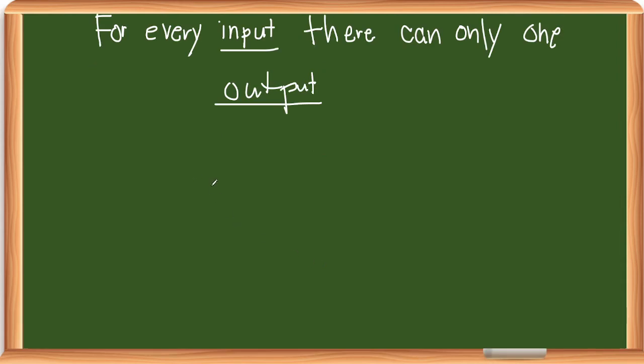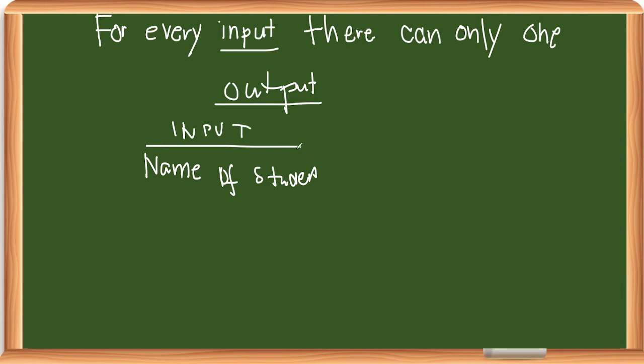I have set an example before, like for example the names of the students. So this is the input, name of students, and then the output would be their ages.